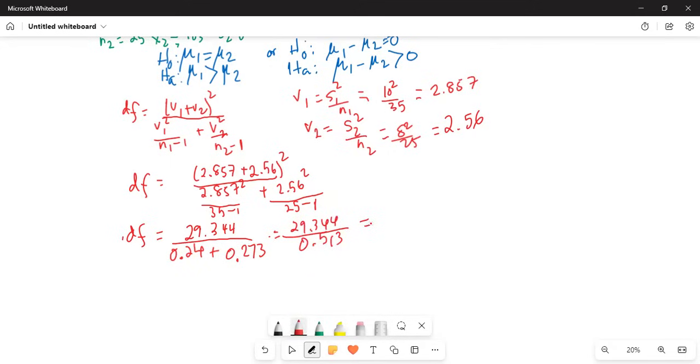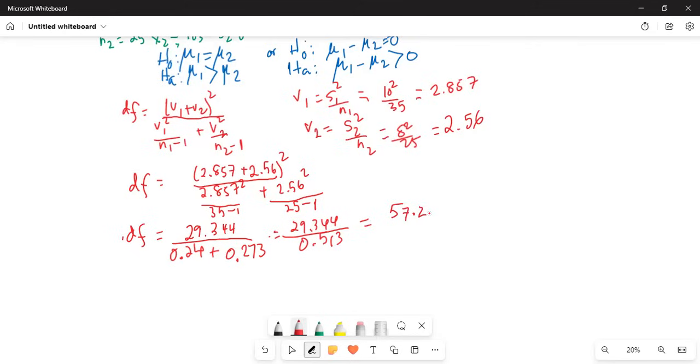So that is equal to 29.344 divided by 0.513. And that is equal to 57.2.